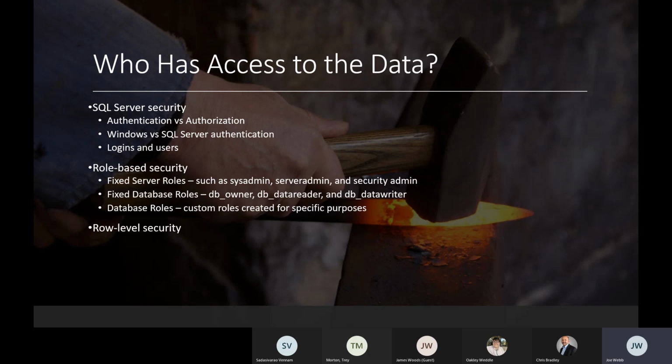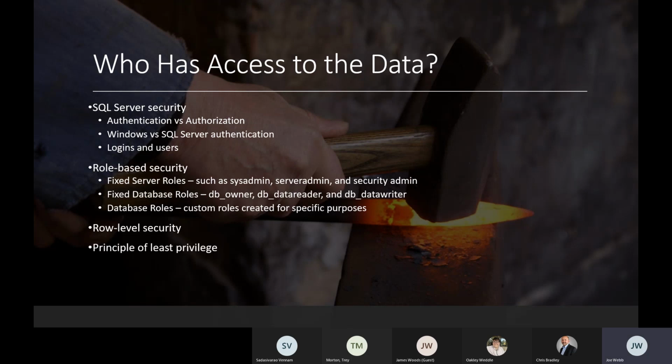So we can grant different users access to different table objects or views at very granular levels. Again, that's really powerful, but it allows you to get very complex and unwieldy, difficult to manage if you're not careful. However, we have seen that row level security in some instances is warranted.